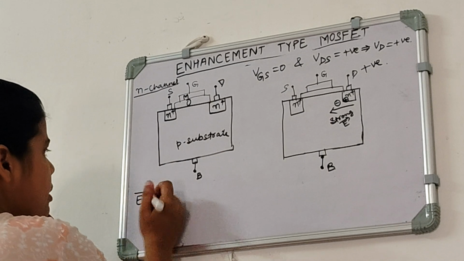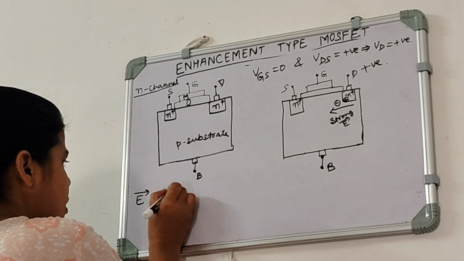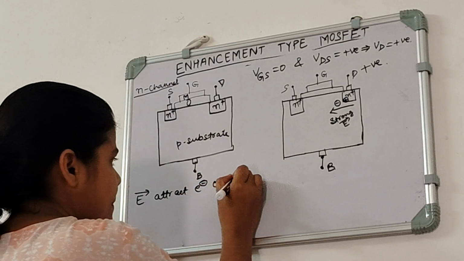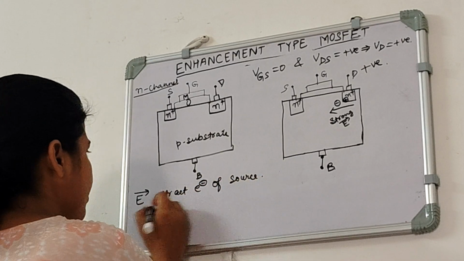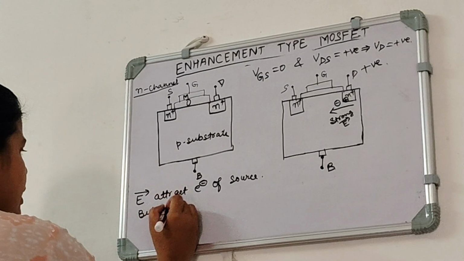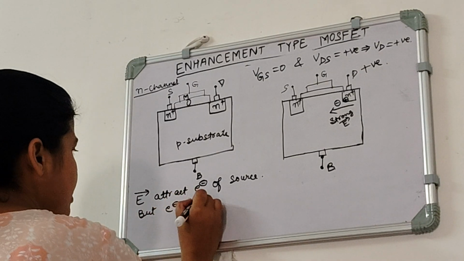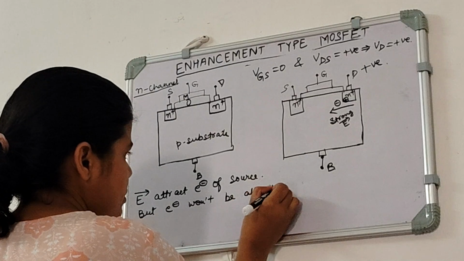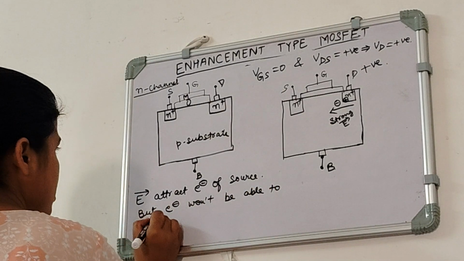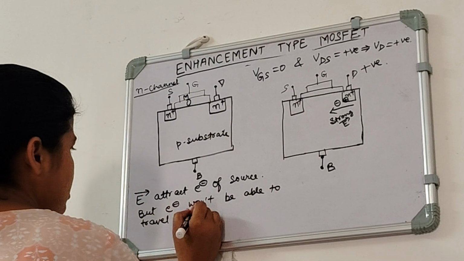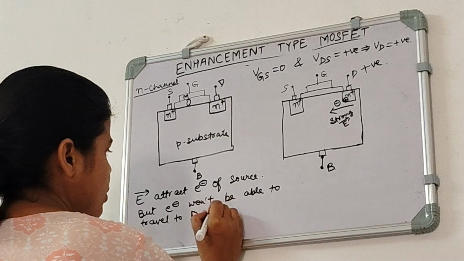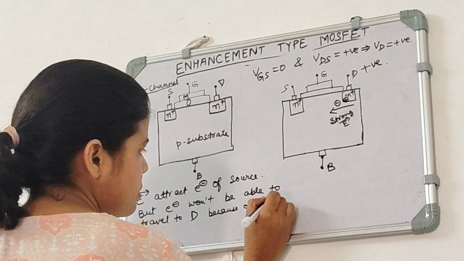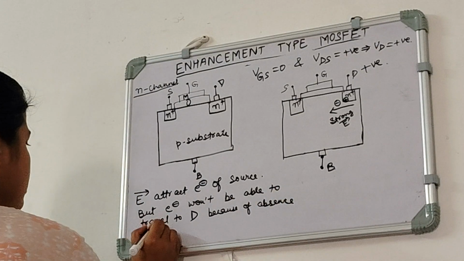Electric field attracts electrons of source, but electrons won't be able to travel to drain because of absence of the channel.